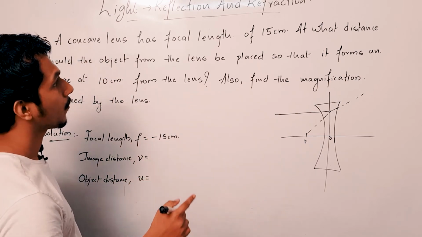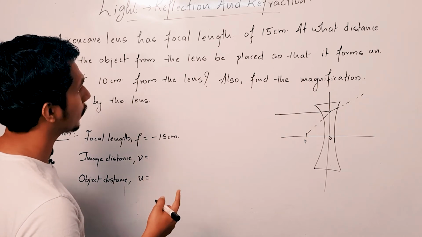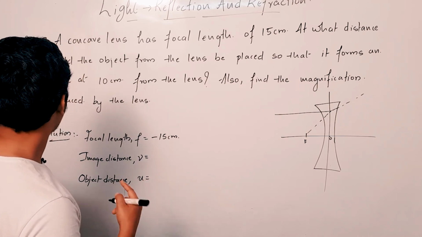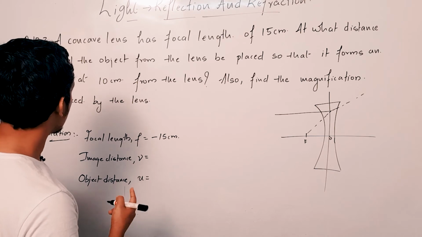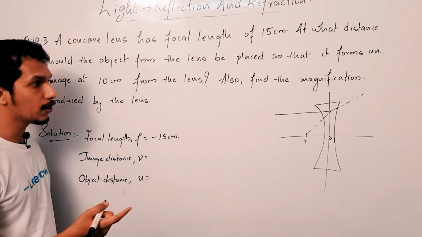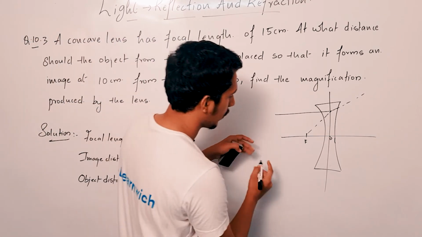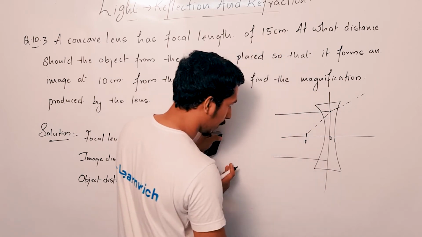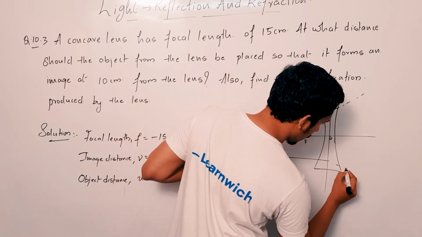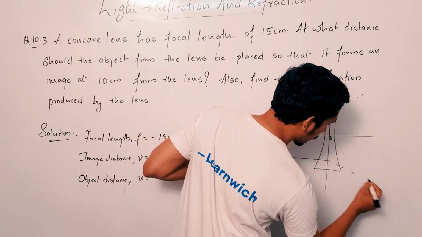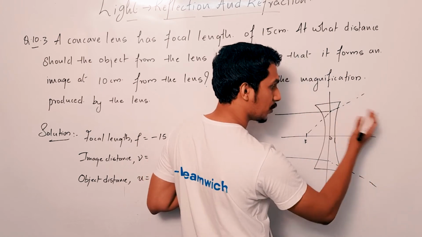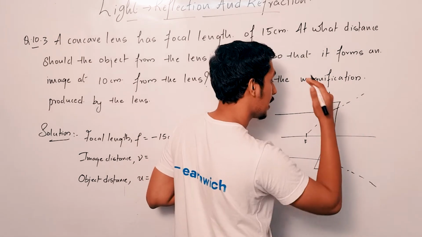Also, at what distance should the object from the lens be placed so that it forms an image at 10 centimeters? You know that if an object is placed somewhere here, it is always diverging towards the right side. So there is no image formed on the right side of the lens.